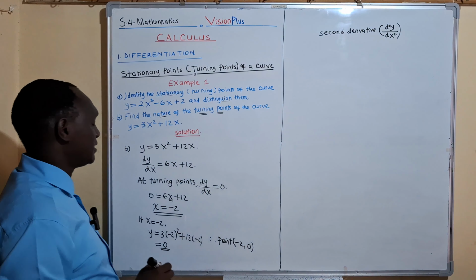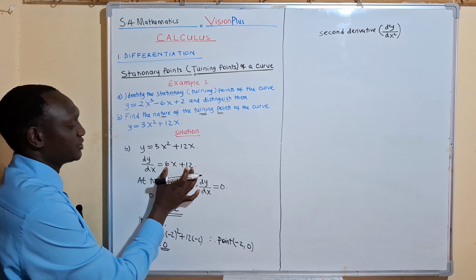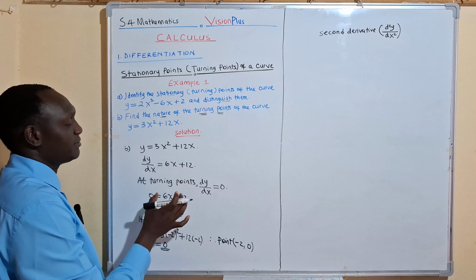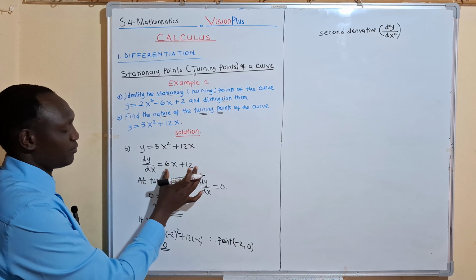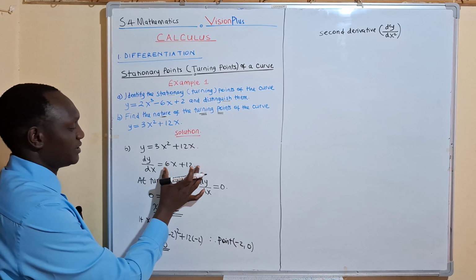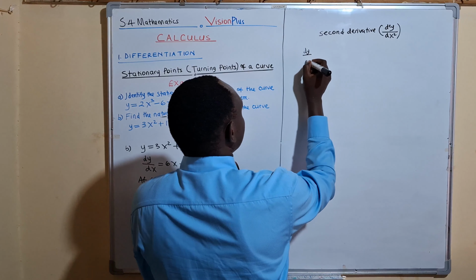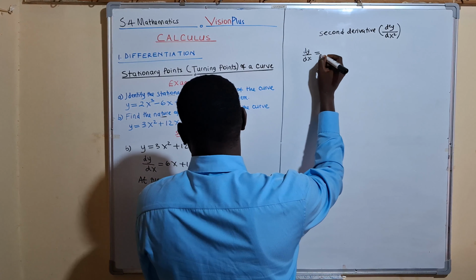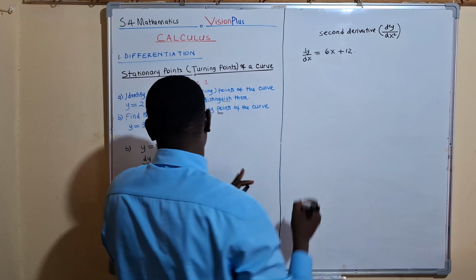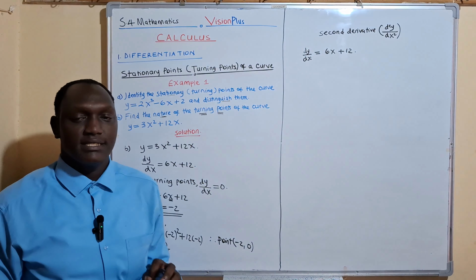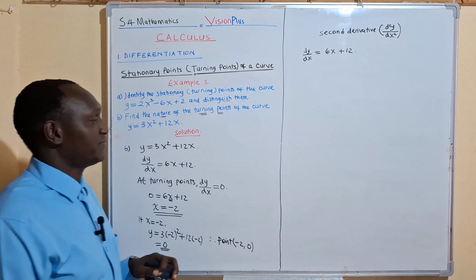What does it mean there? It means we come back and differentiate the gradient function of the curve, or simply we differentiate the curve 2 times. So we have differentiated it here already for the first time, and we had dy/dx as 6x plus 12. That was the first derivative of the curve. Now let us get the second derivative.